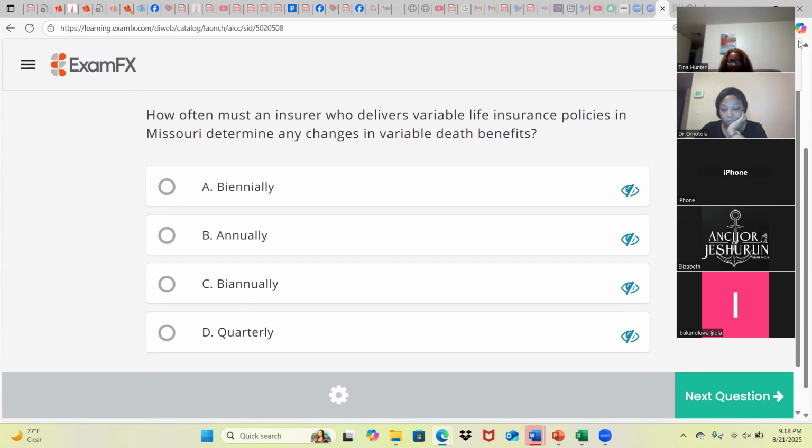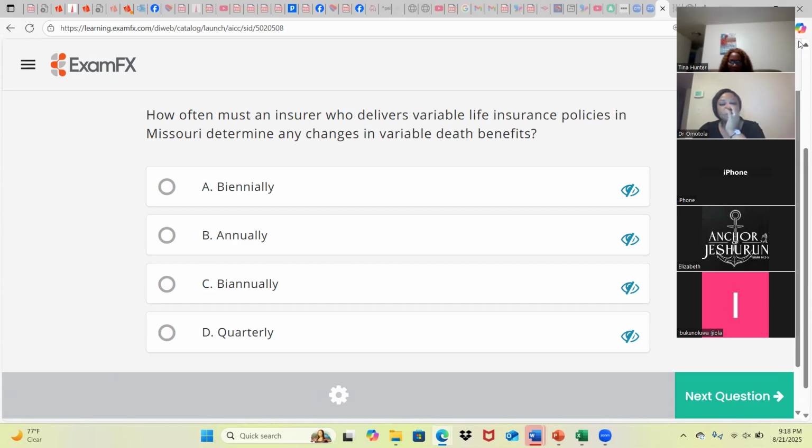How often must an insurer who delivers a variable life insurance policy in Missouri determine any changes in variable death benefits? How often? This is a strange question.